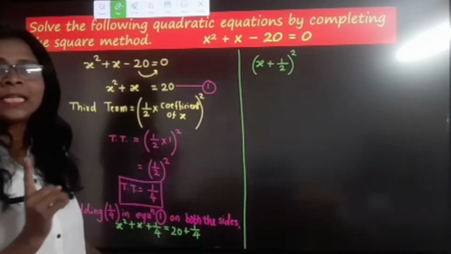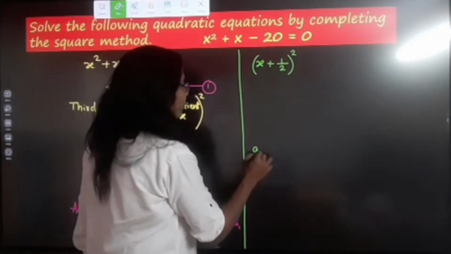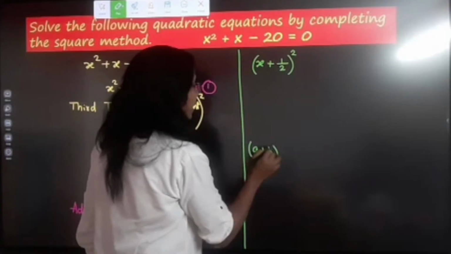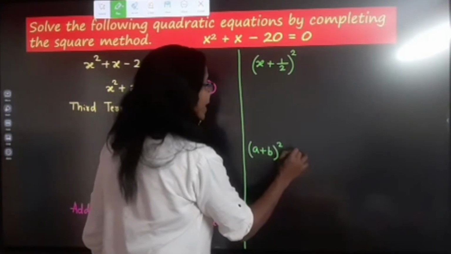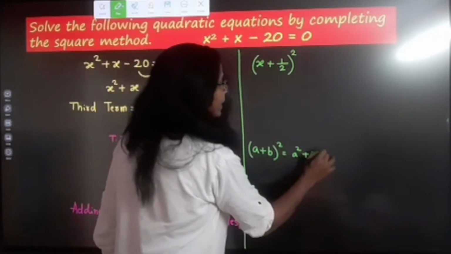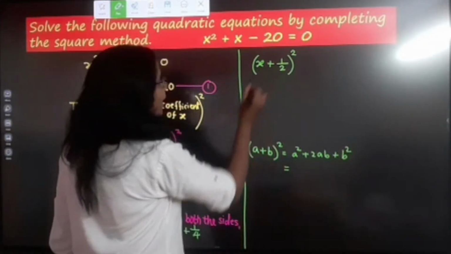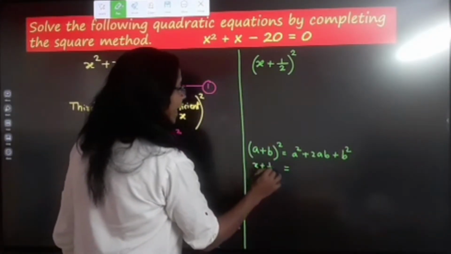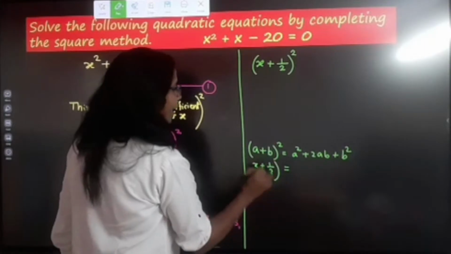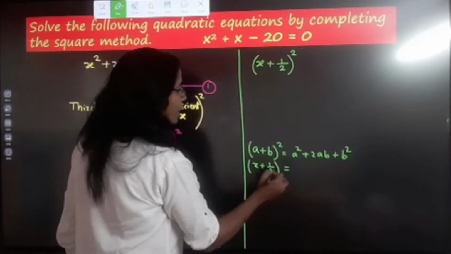I do the expansion here as per the formula (a plus b) whole square, and that formula is a square plus 2ab plus b square. So here, students, a is x and b is 1 upon 2.